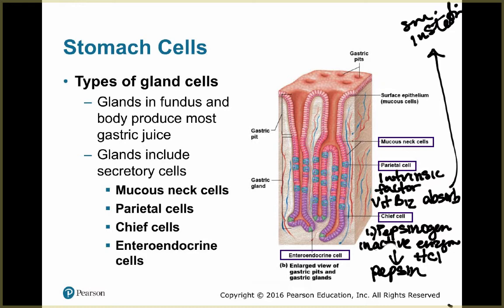So the chief cells secrete pepsinogen. The parietal cells secrete hydrochloric acid. And once pepsinogen comes in contact with hydrochloric acid, it becomes activated into pepsin. It also secretes some lipases. And this digests lipids, about 15% of them.